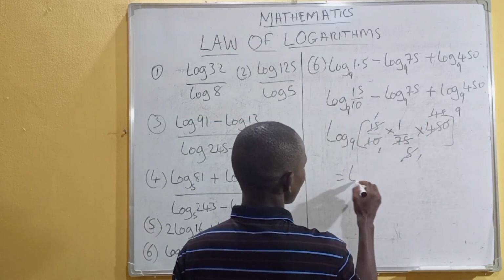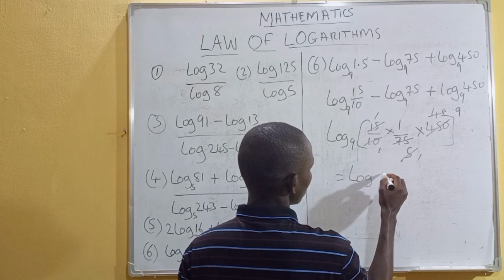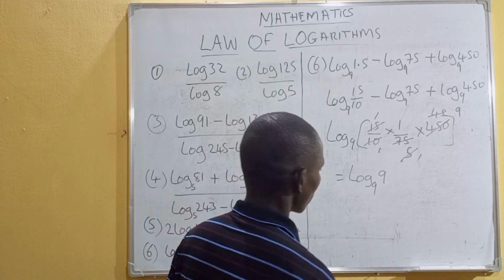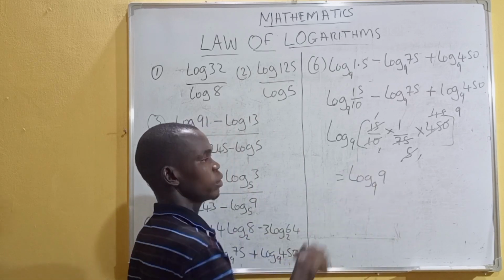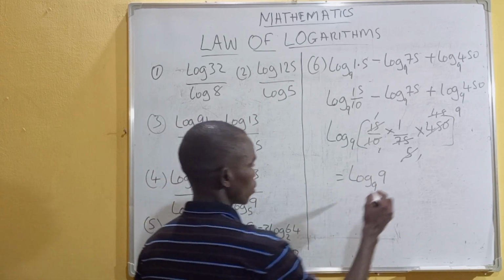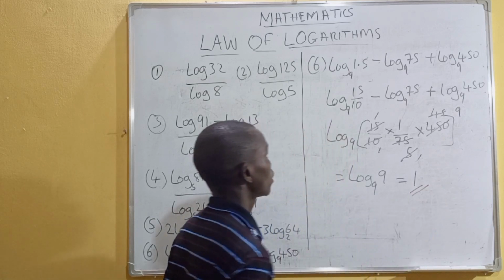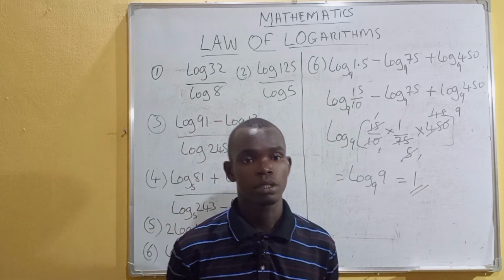So it will be log of 9 to base 9. And we know that log of a number to its own base is equal to 1. So this will be equal to 1. This is our answer to question 6.